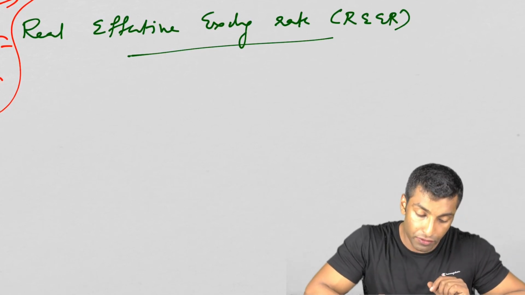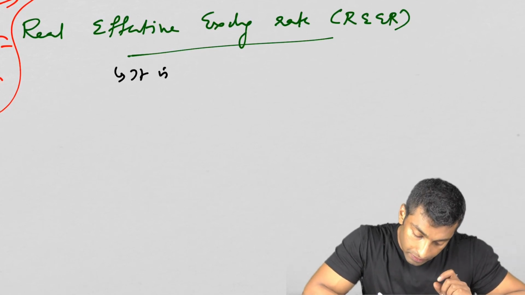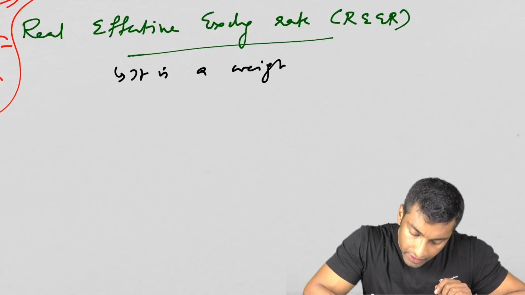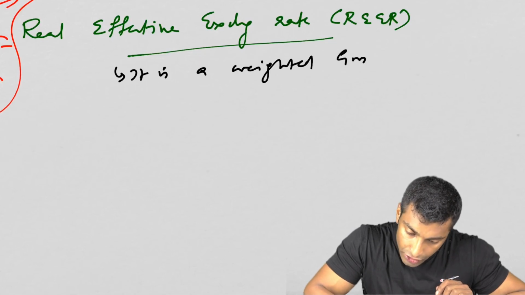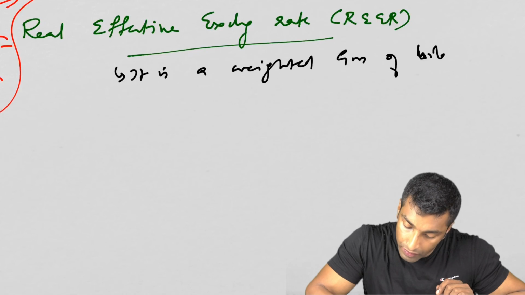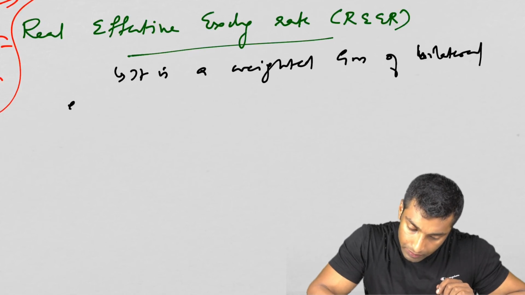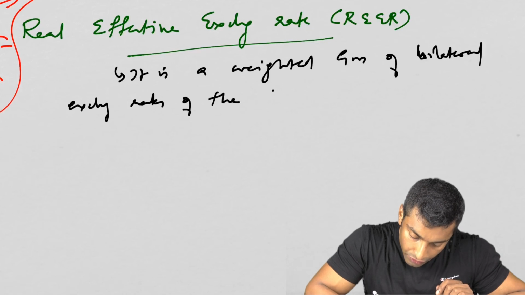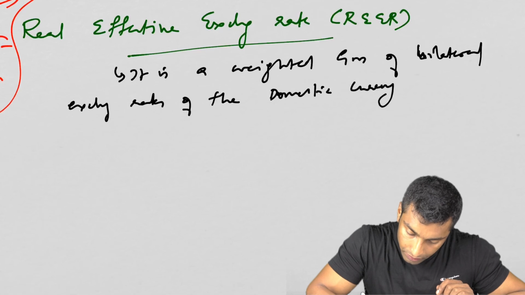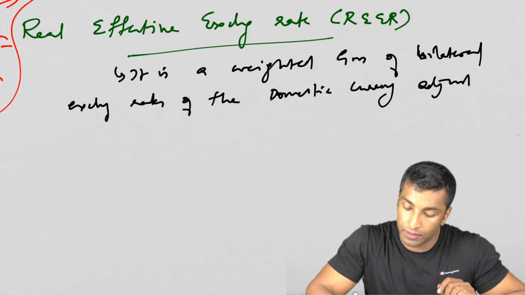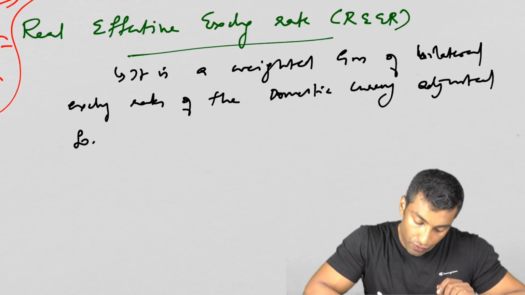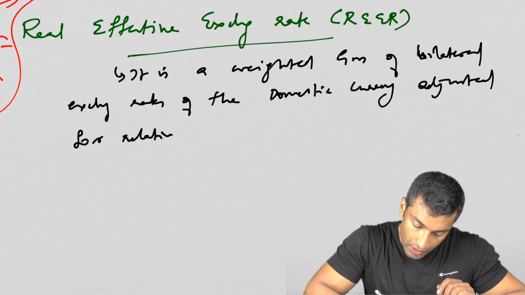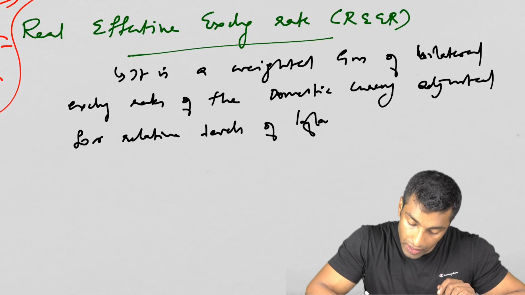So let me write down the definition first. It is a weighted geometric mean of bilateral exchange rates of the domestic currency adjusted for relative levels of inflation.